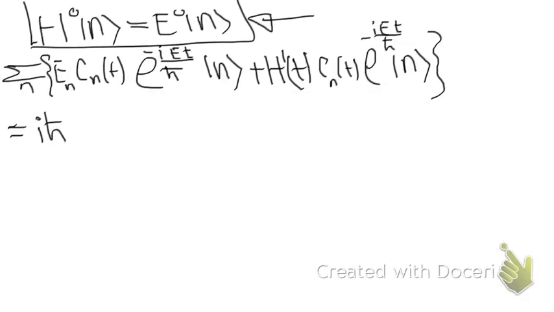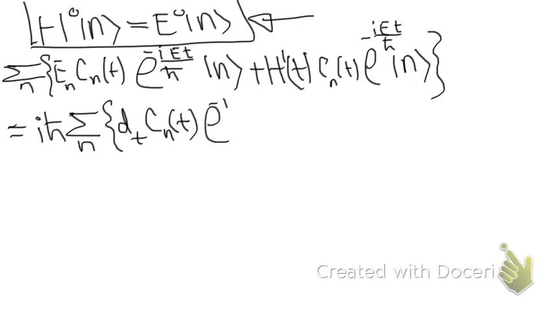Okay, let's go back. All of this will then be equal to iota ħ sum over my n's, and I'll have the time derivative of my c_n of t, and then my exponential of negative iota over ħ E_n t, and I'll have my state n, minus iota E_n over ħ, c_n as a function of time, exponential of negative iota over ħ E_n t, and my state n.